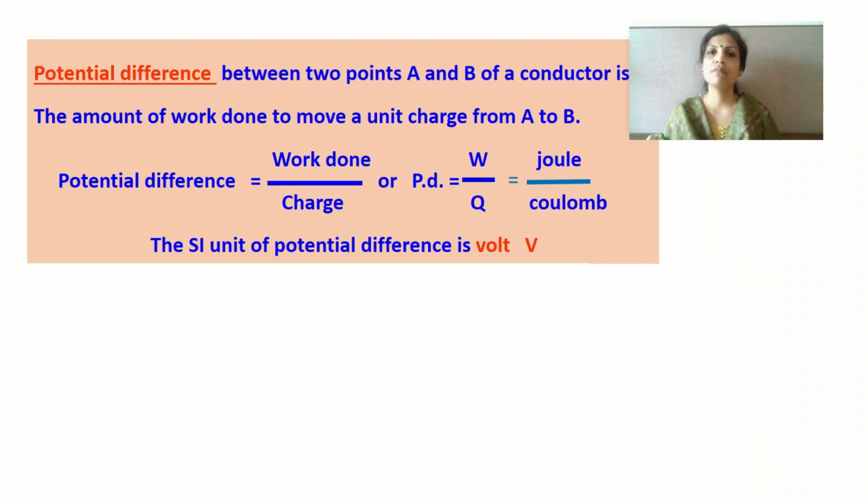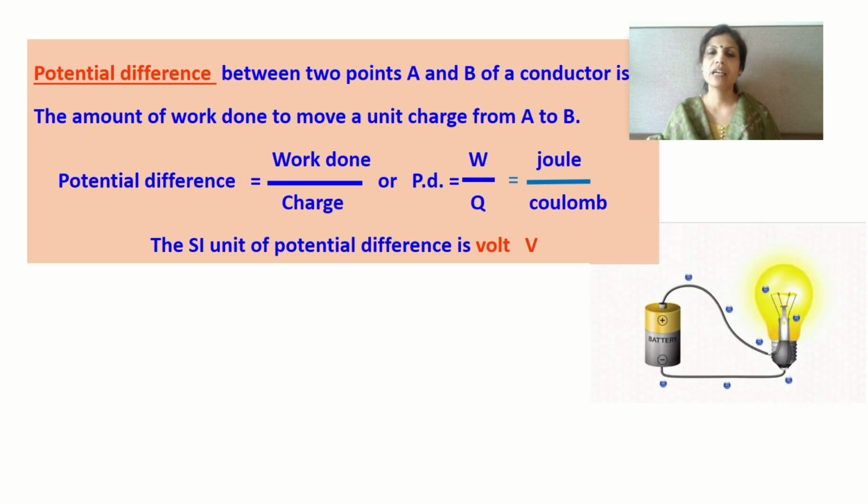Now I want to define potential difference in a proper manner. The definition of potential difference is: the potential difference between the two points A and B of a conductor is the amount of work done to move a unit charge from A to B. You will understand this with the help of this figure. Look at this. A cell is connected between the two ends of a conductor.